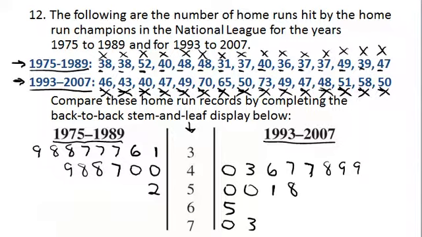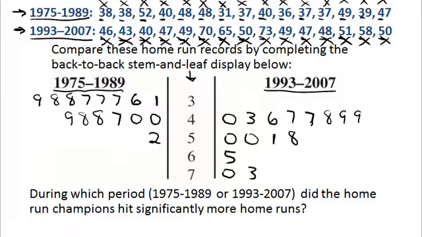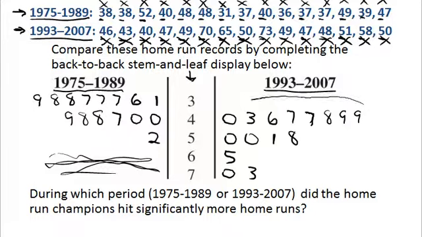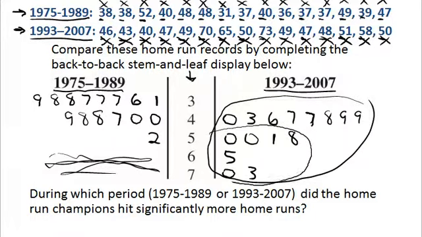And looking at that, there's a question I want to ask about it. The question is, during which period, the earlier period or the later period, did the home run champions hit significantly more home runs? And all you really have to do is glance, and you can see just by looking that the earlier years really don't have anything in the higher areas, whereas the latter period is weighted much more heavily toward the bigger numbers.